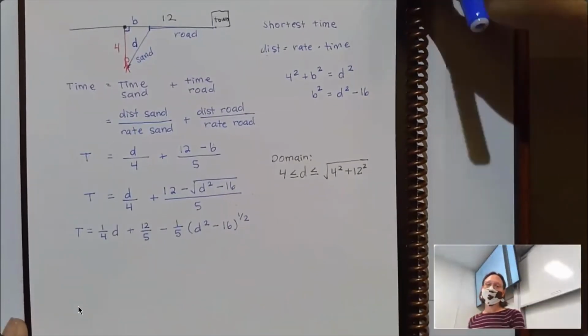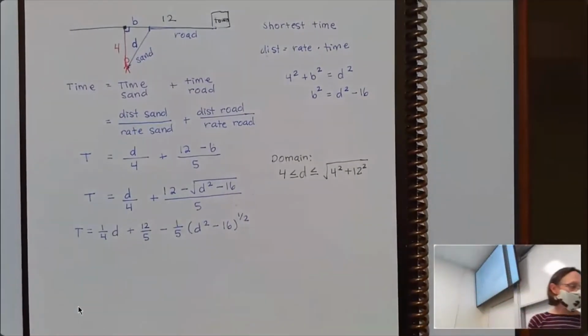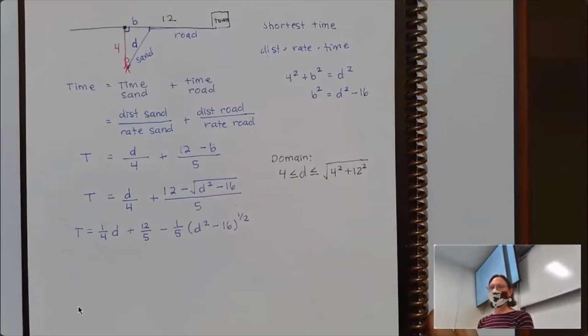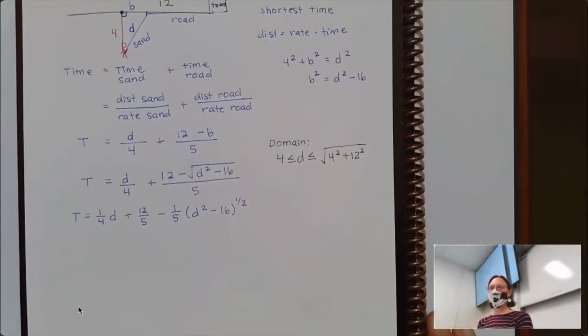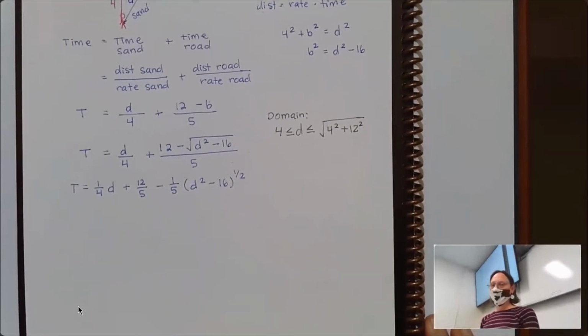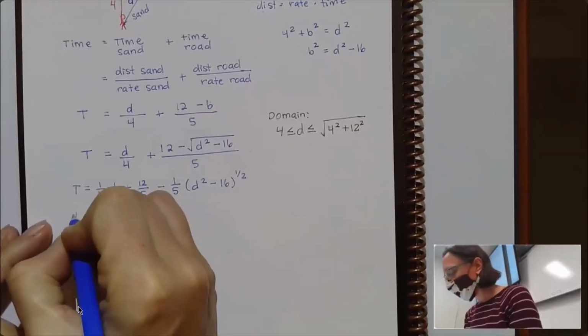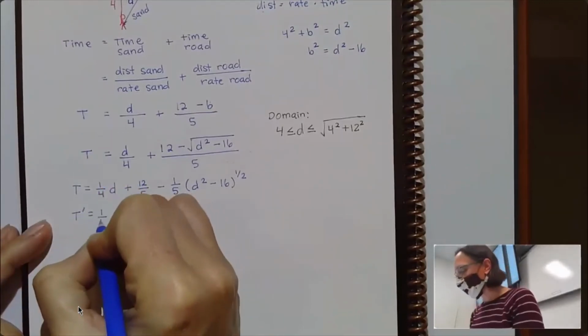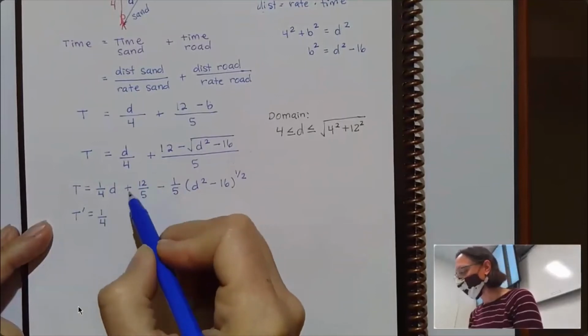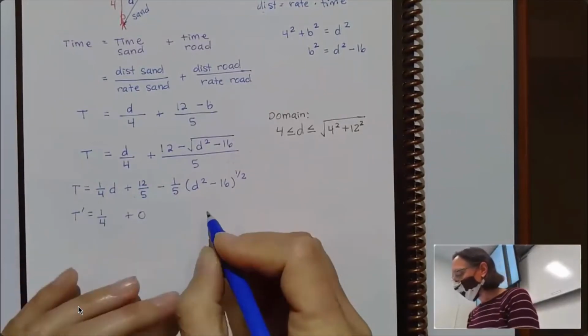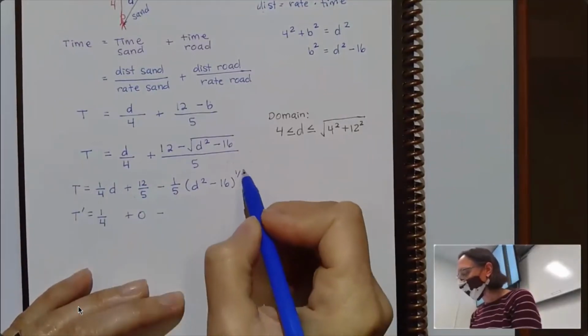And since I got a couple requests on Zoom to do this together, in the interest of time, let's go ahead and do this together. So when I take that derivative, I'm going to get 1/4 plus 0 minus that 1/2 will come down.